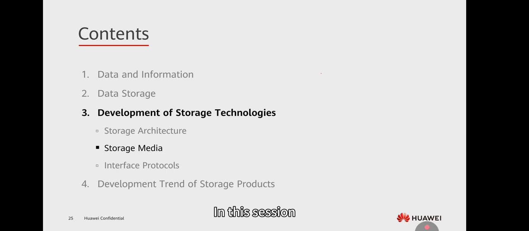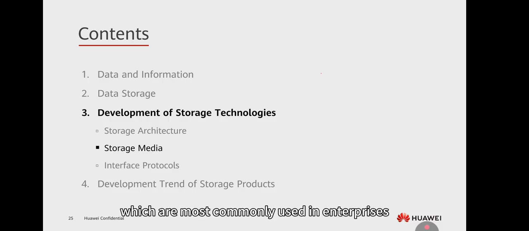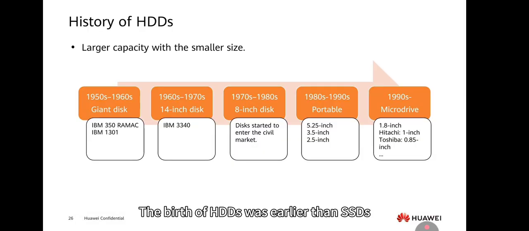In this session, we will primarily focus on discussing the development history of disks, which are most commonly used in enterprises. The birth of HDD was earlier than SSD, with the history traceable back to the 1950s.